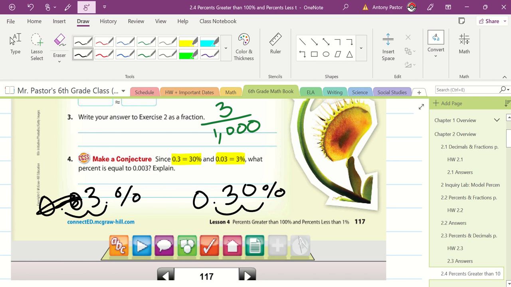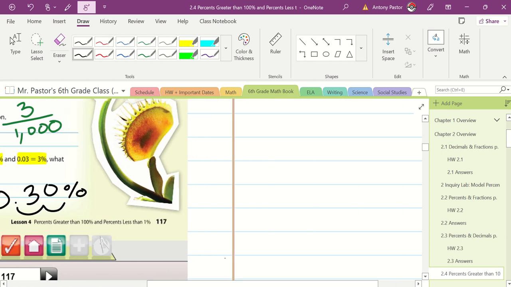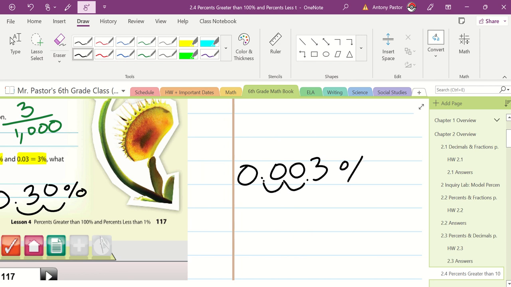So if I have 0.003, and we'll use the side part over here to illustrate this, if I jump twice to the right, 1, 2, then add the percentage symbol, these zeros here will fade away. What I actually end up with is 0.3%.